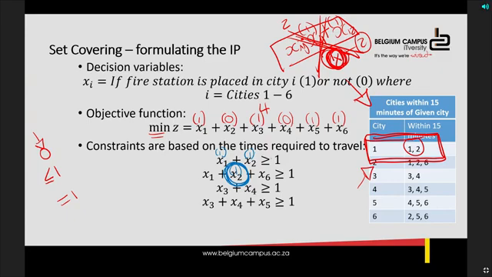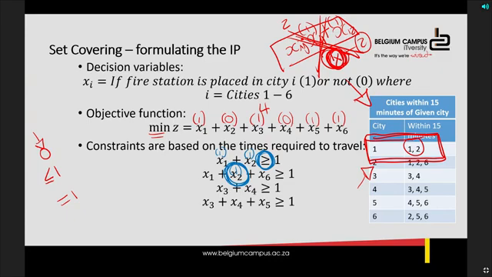It's not a problem, but then you have to consider the greater than or equal to 1. Right, so that's why it's greater than or equal to 1. The 1 being I need at least 1 fire station. If I have more, it's okay. It's just covering different cities if I need more, but I need at the very least 1.